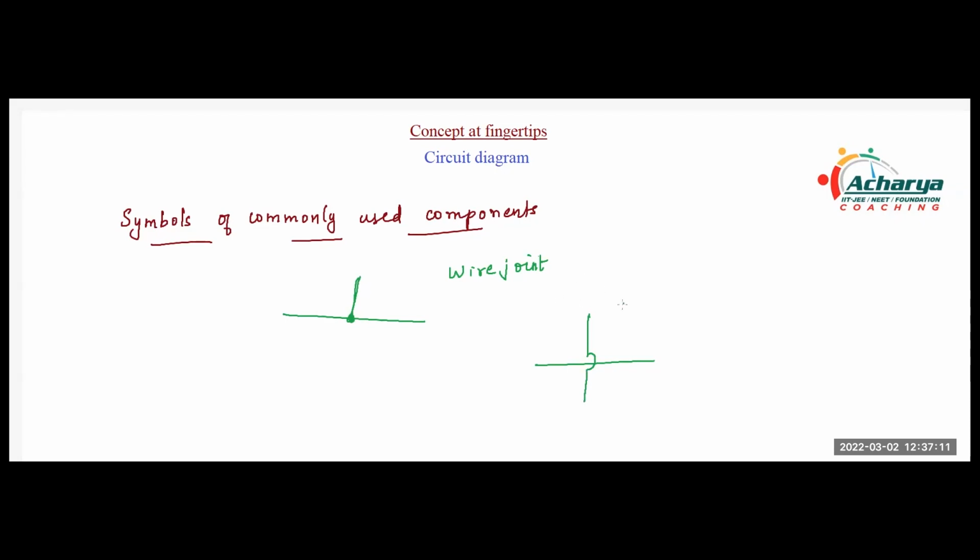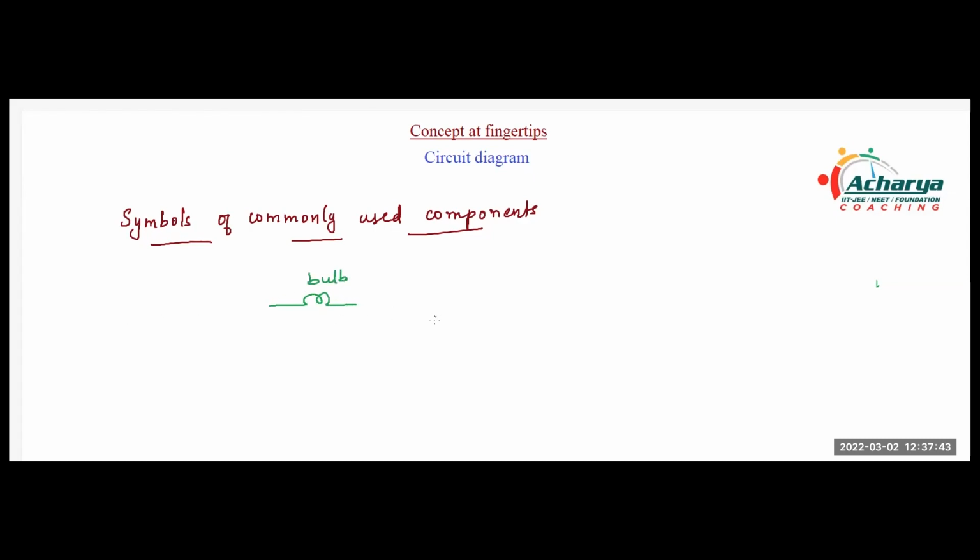And this is wire crossing without joint. And as we already saw the symbol for electric bulb, this is the symbol for electric bulb.